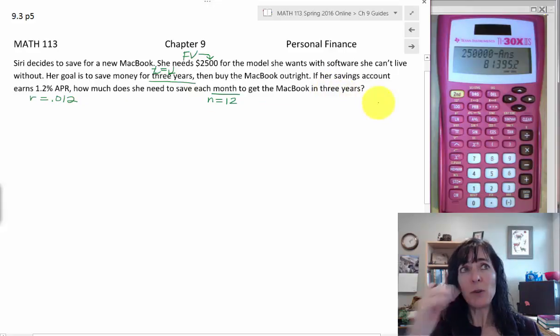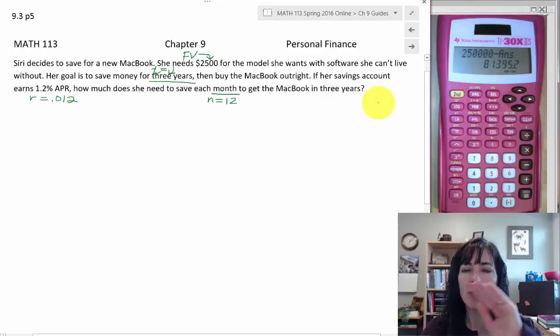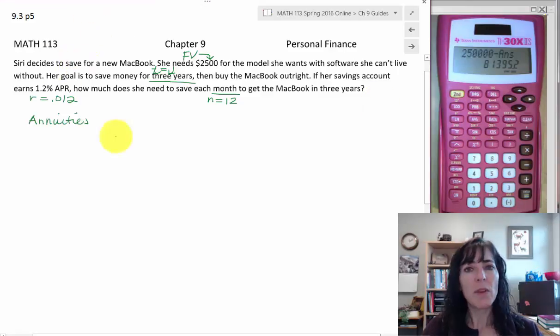So we need to think about, is she depositing one chunk of money and letting it sit for 3 years, or is she making regular fixed size deposits every month? And it's the latter. She's making regular fixed size deposits every month. So we definitely need an annuities formula. And then once we decide on annuities, we have to ask which annuities formula to use.